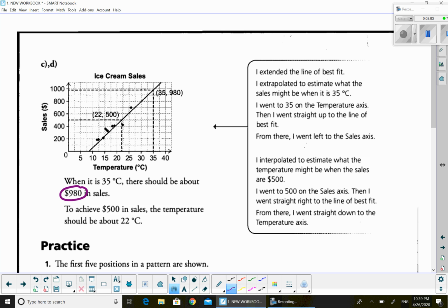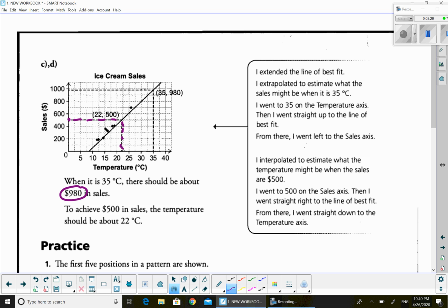For the next part of the question, it's kind of in reverse. If they want to achieve $500 in sales, we're going to start on the opposite. We're going to start on the y-axis. So you start here, you draw your little horizontal line, and then you draw it down.